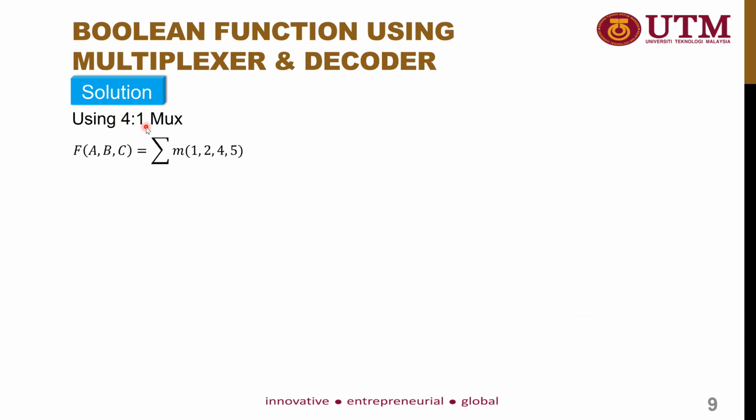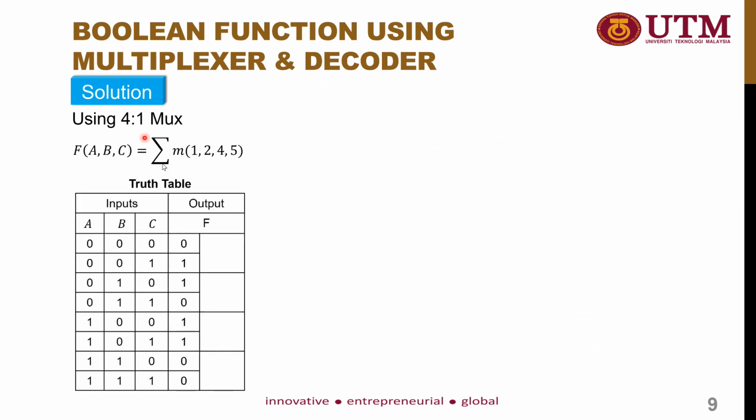This next example shows how to interpret the same equation using a 4-to-1 multiplexer. The steps are similar to the previous example, where the first step is to draw the truth table. After you draw the truth table, you see that the output F is similar to the previous example.